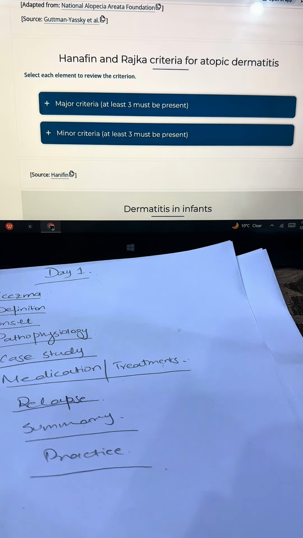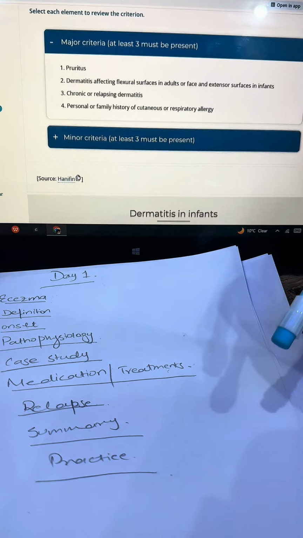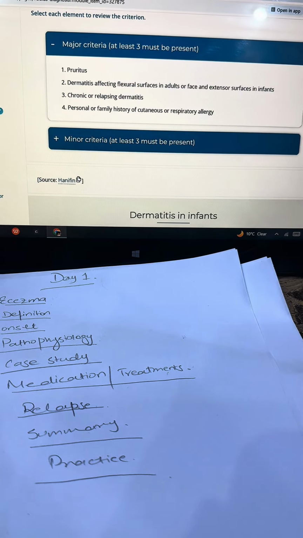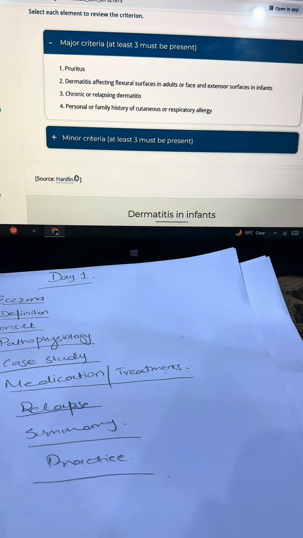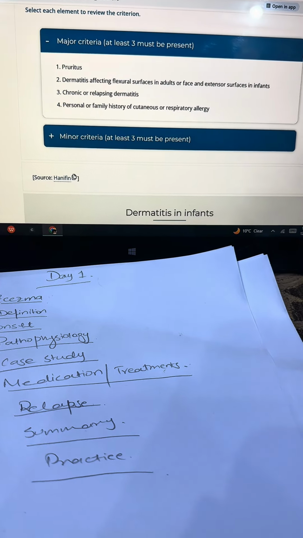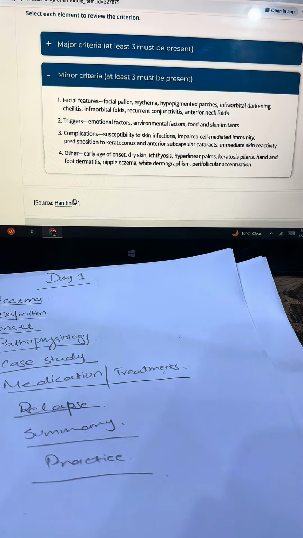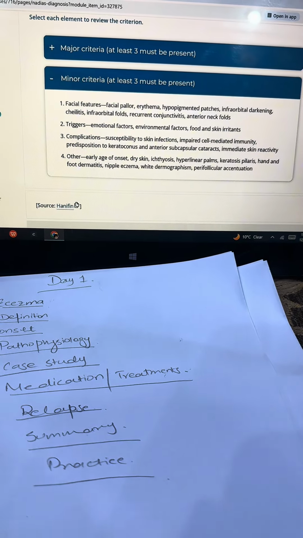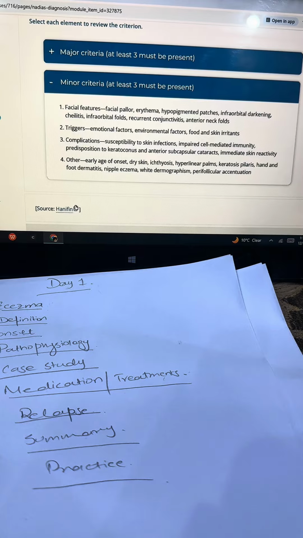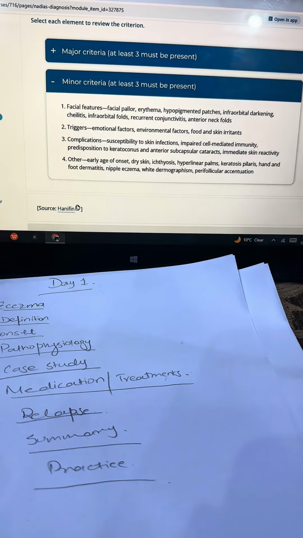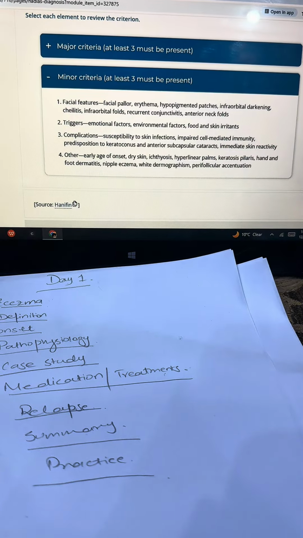The two main and most important criteria are pruritus, meaning itching, and dermatitis affecting typical areas, chronic or relapsing, and a personal or family history of cutaneous or respiratory atopy. And the minor criteria: facial features, triggers, which may be emotional stress, environmental, food, or skin irritants, association of complications, and early onset.